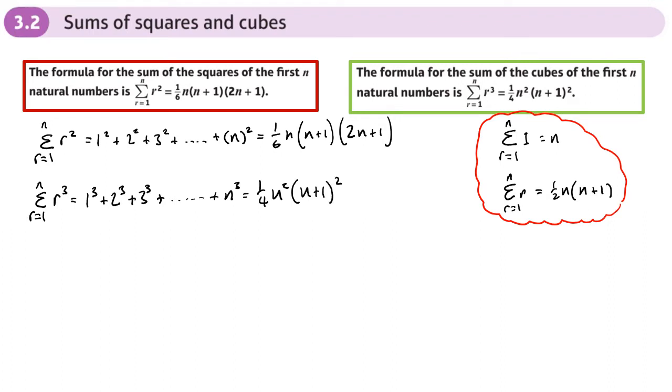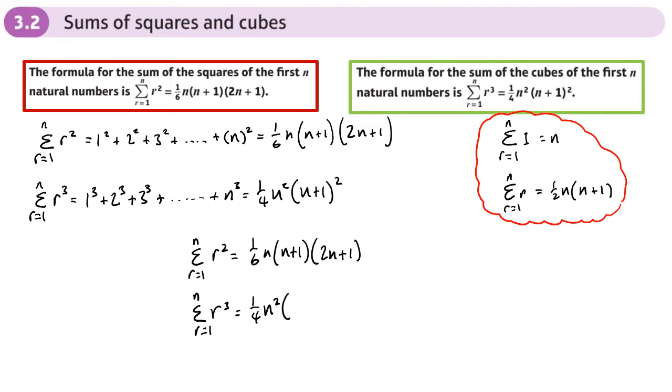So our two statements become this: the sum from r equals 1 to n of r squared is 1/6n n plus 1 2n plus 1, and then the sum of our cube numbers is 1/4 n squared times by n plus 1 all squared.